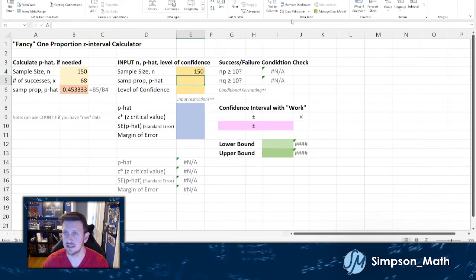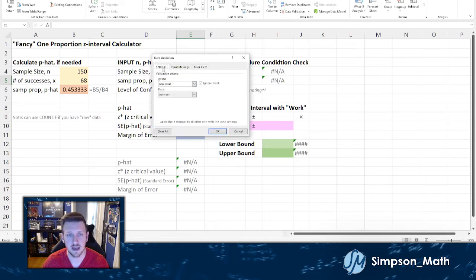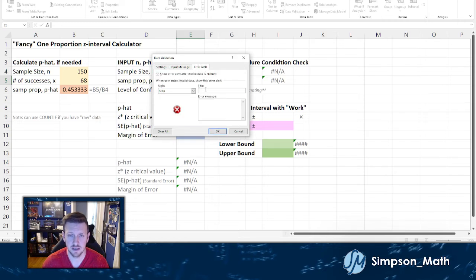All right, so now I need my sample proportion. So I'm going to go back to data validation and say that this time it can be a decimal between minimum 0 and maximum 1. So I'll say okay. Oh, not okay. I'll go over to my error alert and say again input error, and say that p hat must be a decimal between 0 and 1.